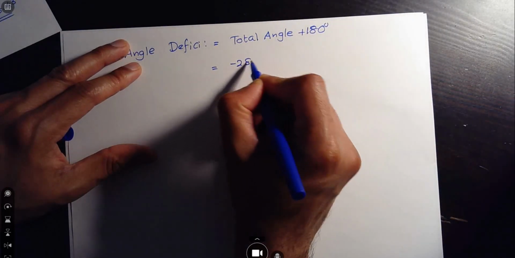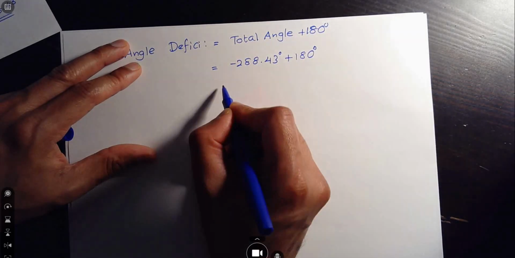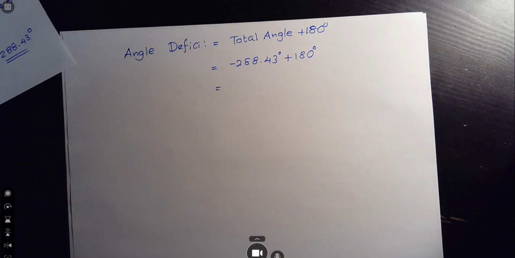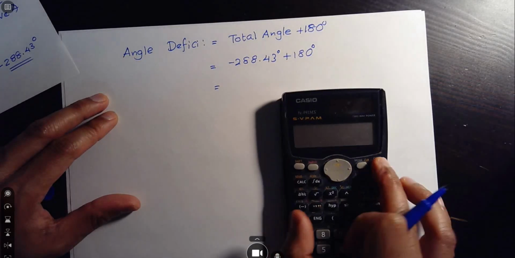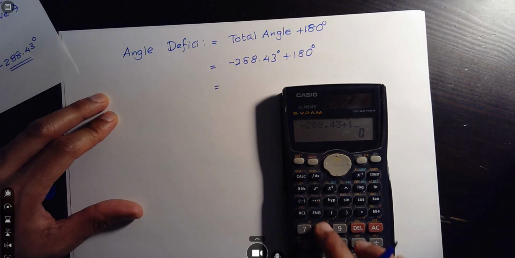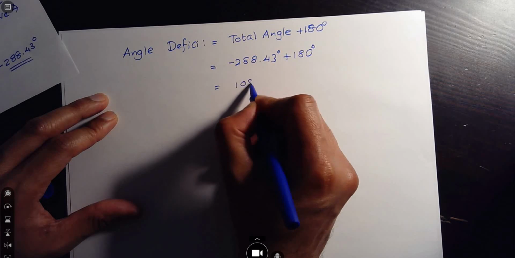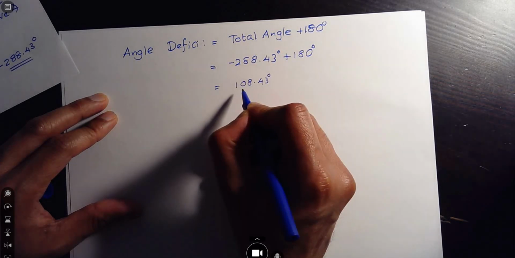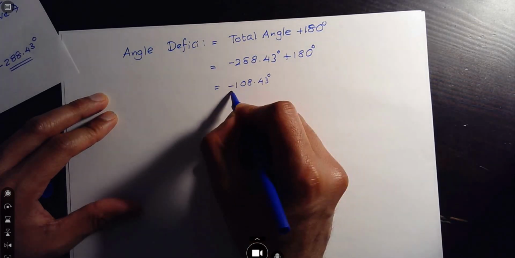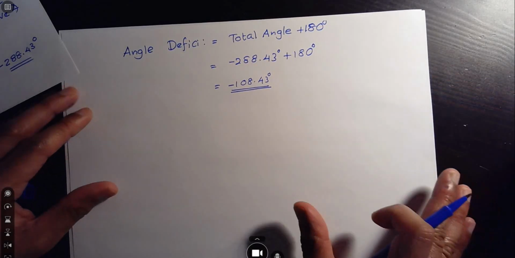So negative 288.43 degrees plus 180 degrees gives us what? 288.43 minus 180 is 108.43, so 108.43 degrees, and I believe that's negative, right? So that's the deficiency. That's the amount of deficit we have.